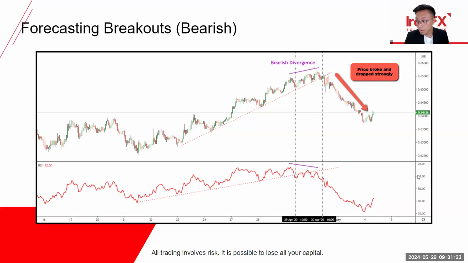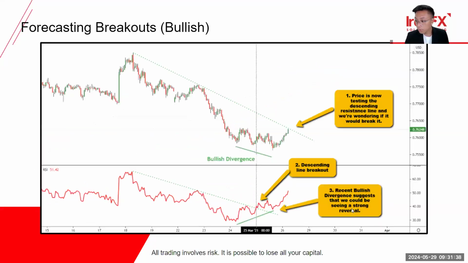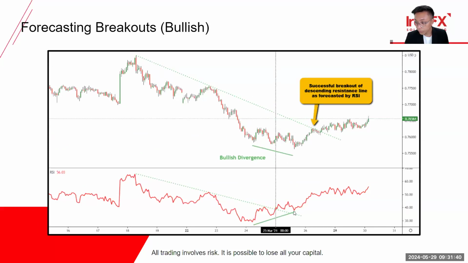And the value for RSI is about 60, close to 70. So my range will be 60 to 70 for sells. And if you're looking for buys, it will be 20 to 30.